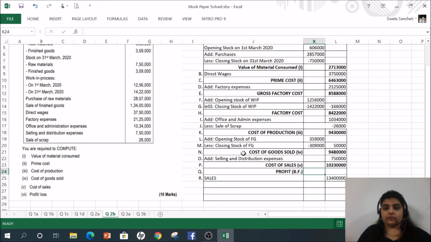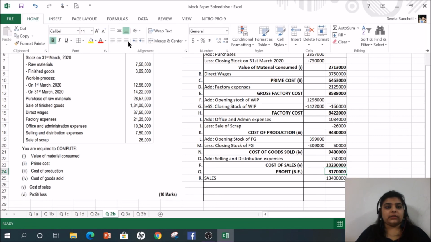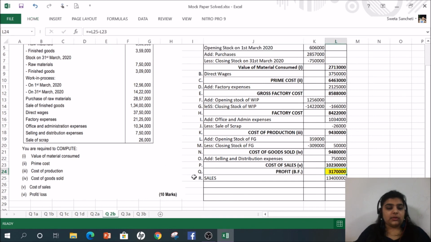So our profit will be 1 crore 34 lakhs minus 1 crore 2 lakhs 30,000, that is 31 lakhs 70,000. This is our profit. So with this we are done. We have calculated a profit also, they wanted. So this will be point number 6.